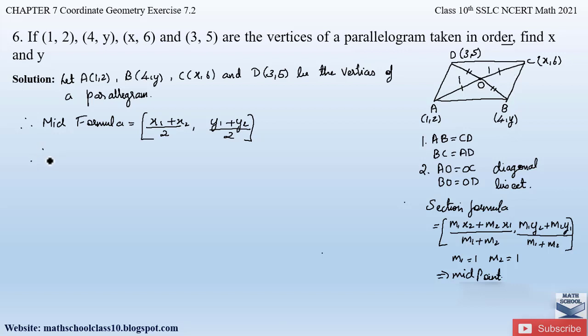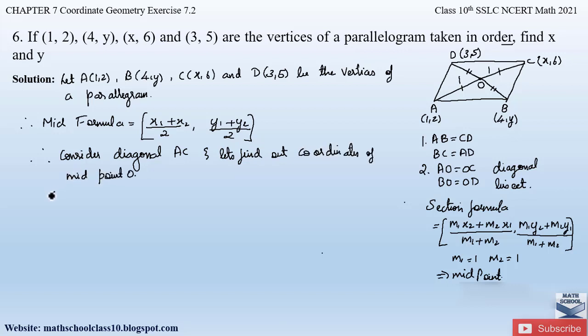So consider diagonal AC and let's find the coordinates of midpoint O. The coordinates of point O, that is x comma y, is equal to, so let us apply the midpoint formula. Here let us assume point A to be x1 y1 and point C to be x2 y2.